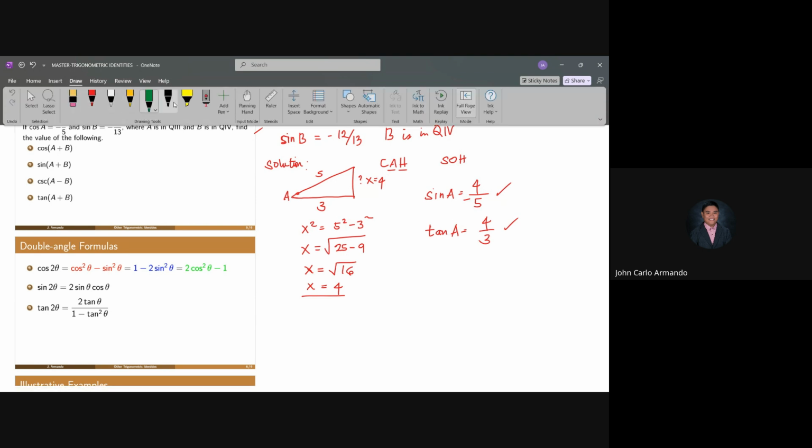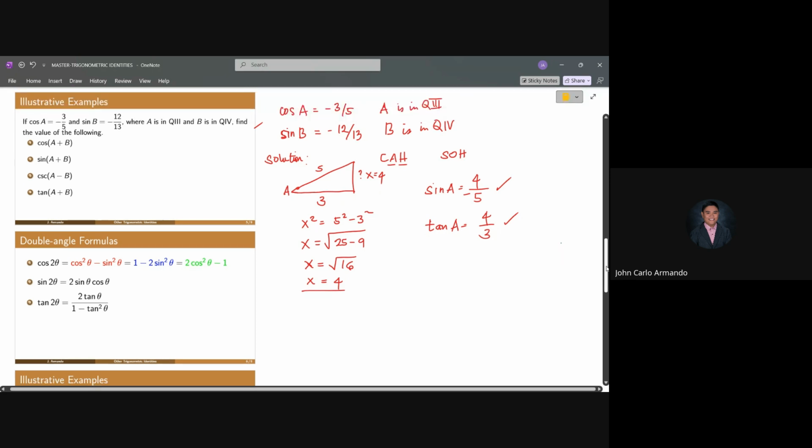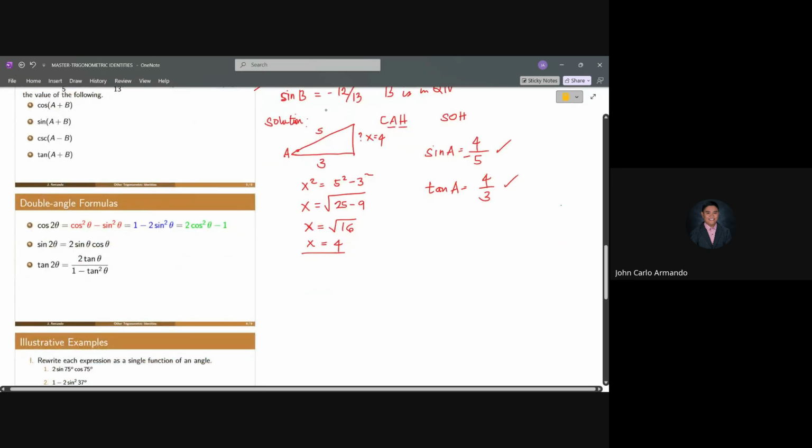We solve now for B. Sine B is negative 12/13. Okay? So let's say this is our B, and sine is opposite over hypotenuse. This is the opposite side, 12, and this is the hypotenuse, 13. And we solve for this x.